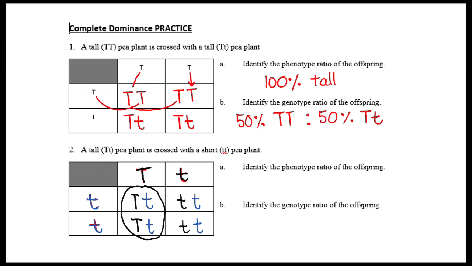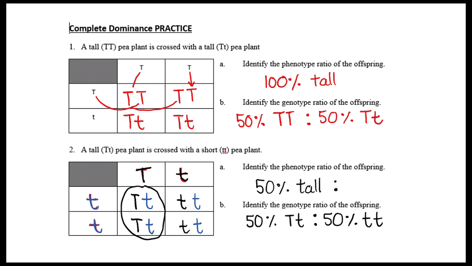So we've got 50% capital T, little t, so the heterozygous, to 50% of the homozygous recessive, little t, okay? And you can see that it's a 50-50 split with the offspring. In this case, because only two individuals out of four have the tall allele, only 50% are tall to 50% short.